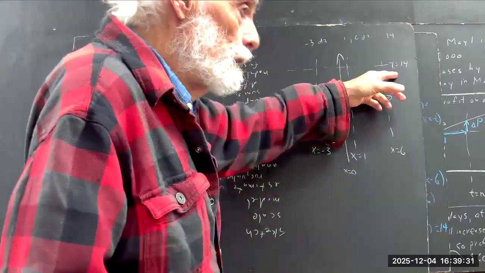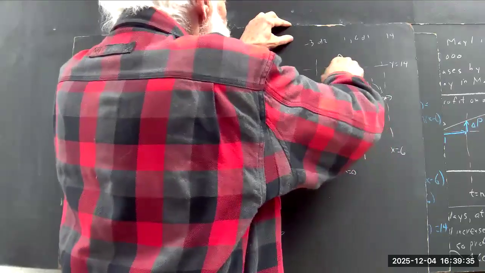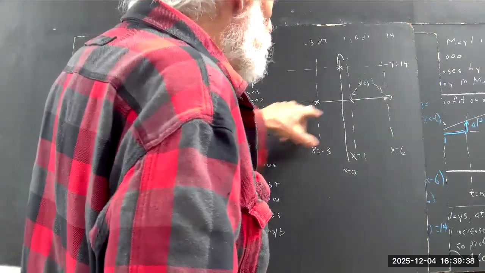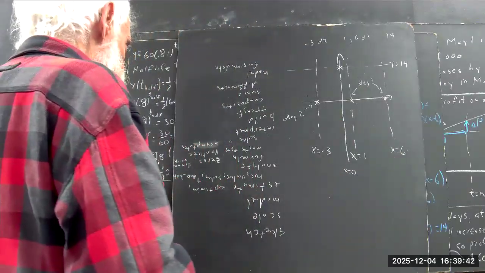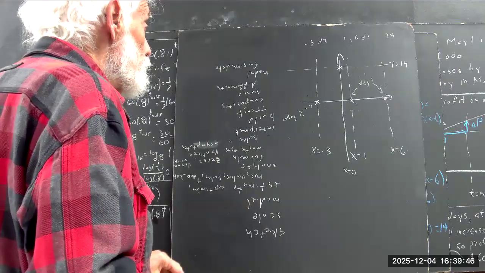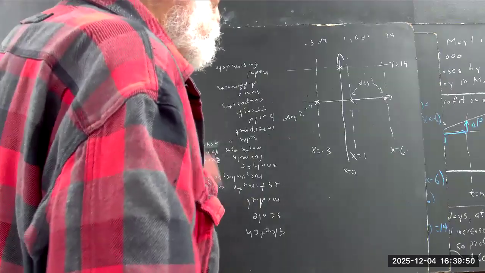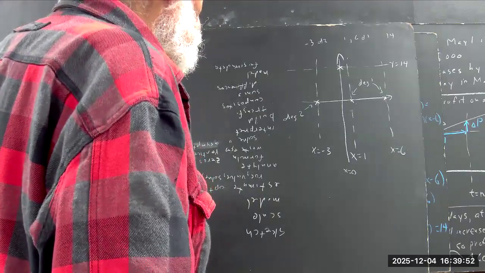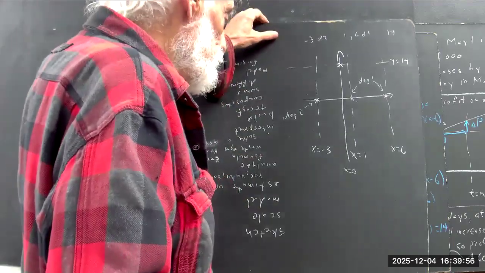You're given the y-intercept, and you're given the degrees of the zeros. Now you're asked to figure out what the graph is going to look like.